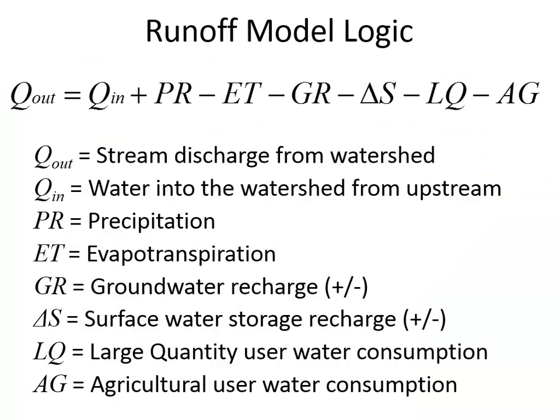If we look at what's going to account for runoff out of a watershed like this, this is the runoff model, conceptually, that I came up with at the HUC 8 level, showing where the water is going to and where it's coming from. You can think of it as a mass balance.